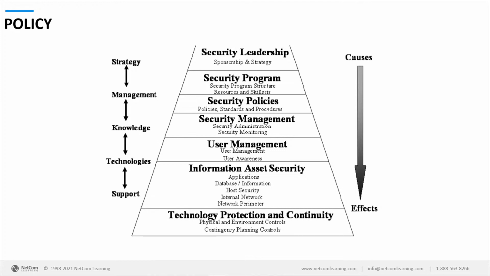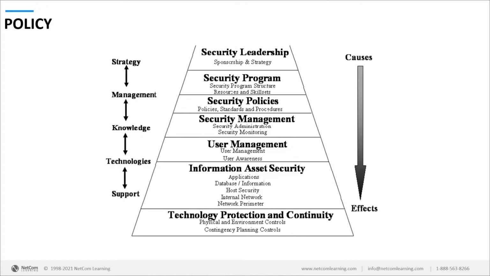Okay? What's the punishment? Or what's the penalty? Right? Information asset security, more or less, what do we have on the network? What are our applications? What are our databases? What's there? What's important? This is the asset discovery that you need to go through in order to implement a plan.